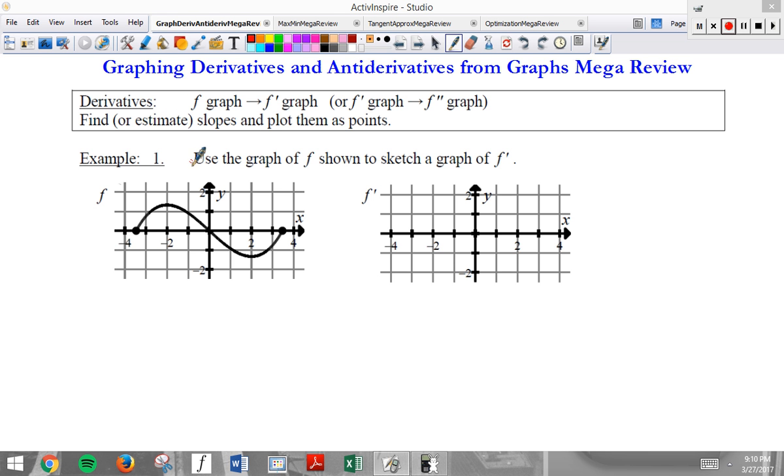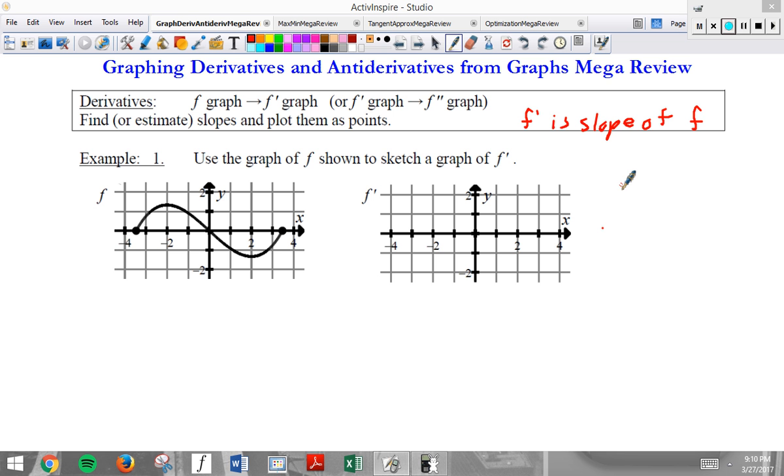Because the idea here is if I'm graphing the derivative, it's the slope of f. And in this unit, if you remember from the lesson, it becomes really important that we're talking about slope of what? Of who? Whose slope? F's slope.